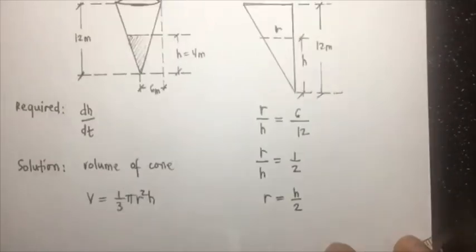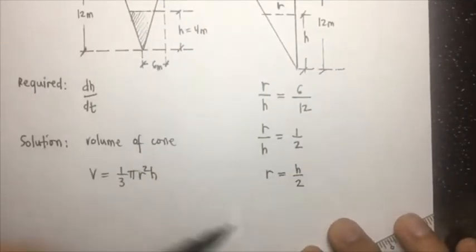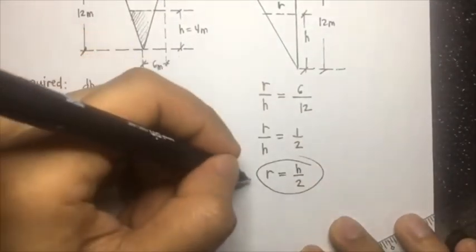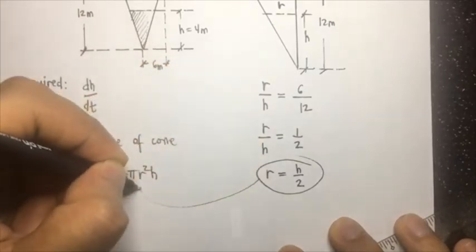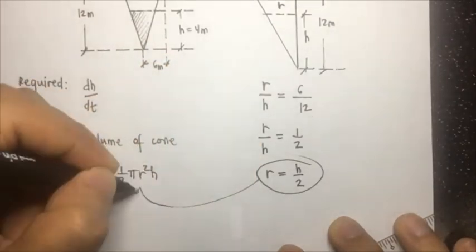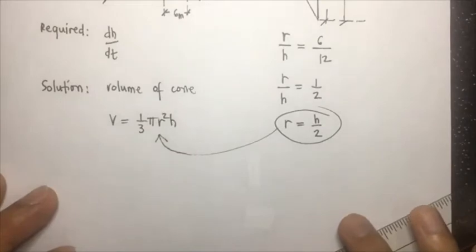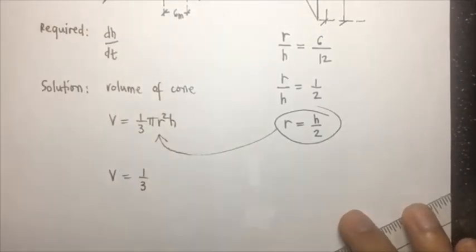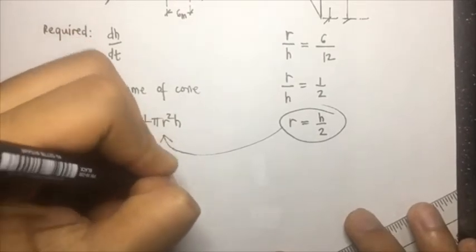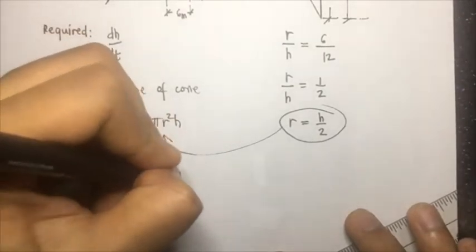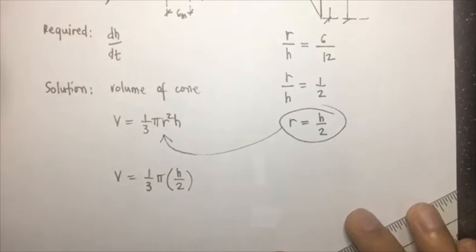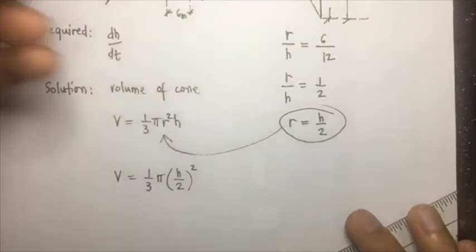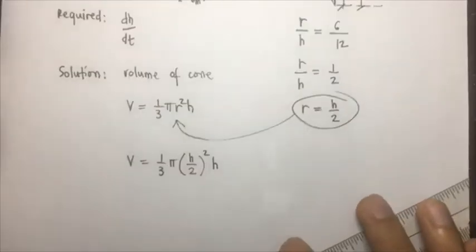Okay, so with this relationship of r and h, we can now substitute this with the r in the formula for the volume. So therefore, V is equal to 1/3 pi, r is equal to h over 2 squared times h.